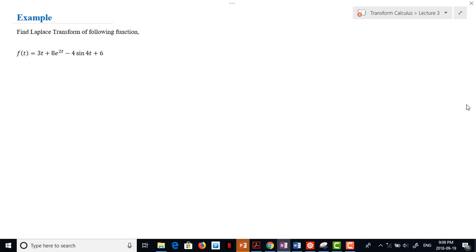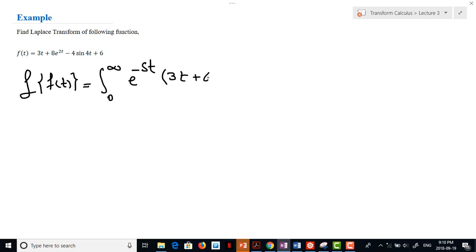If you want to find Laplace transform of this function based on definition, it takes a lot of time. For example, if you want to find Laplace transform of f(t) based on the definition, you have to say the integral from 0 to infinity of e to the power of minus st times f(t), so f(t) we have is 3t plus 8 times e to the power of 2t minus 4 sine 4t plus 6, times dt.